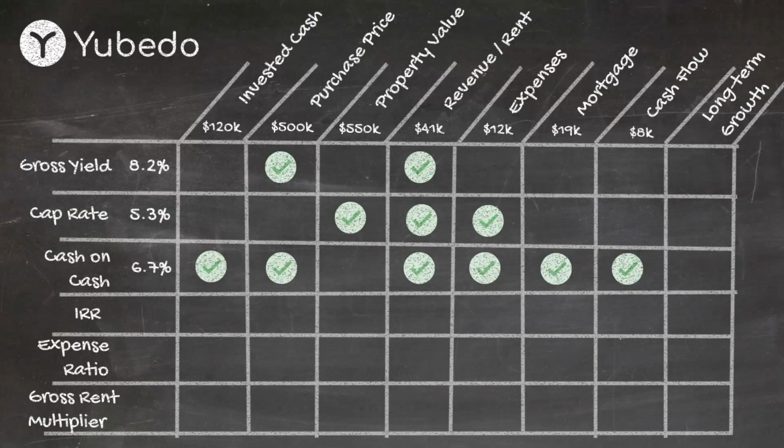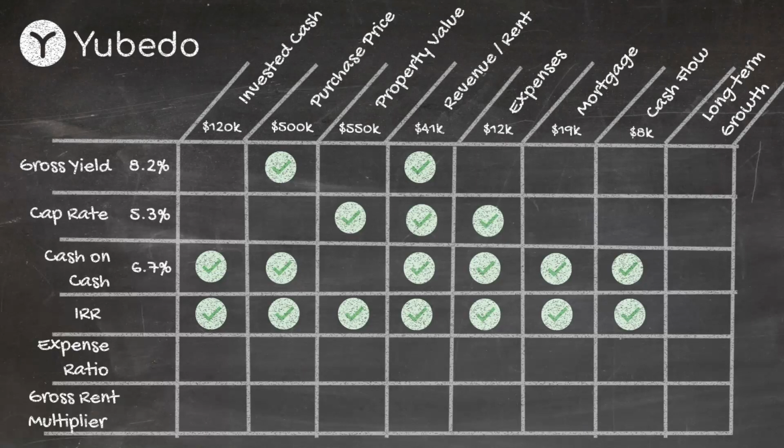Now, for the most comprehensive metric of them all, the internal rate of return, or IRR. This metric is a powerhouse because it takes into account every variable we've discussed. As you can see, it accounts for every metric: your initial investment and purchase price to your property's value, rent, expenses, and mortgage payments. It even factors in long-term growth variables like property appreciation and the cost to sell.